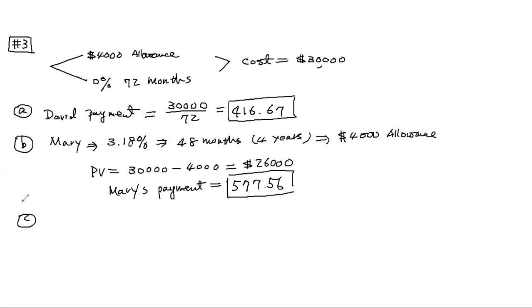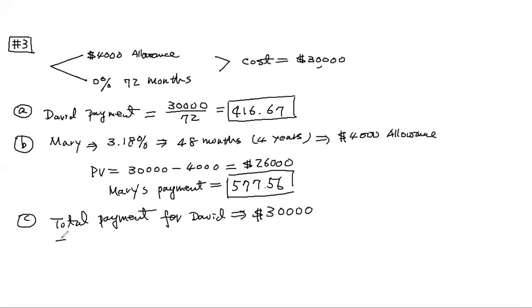Then part C: let's take a look at which deal is better. Let's look at total payment. If you pay less, that is better. For Dave, since he has no interest rate, the total payment is 30,000, because 30,000 divided by 72.